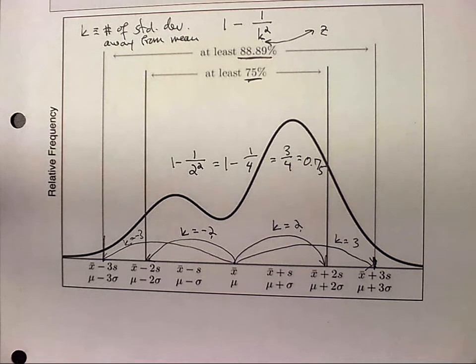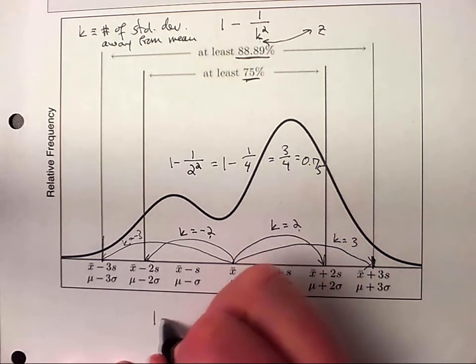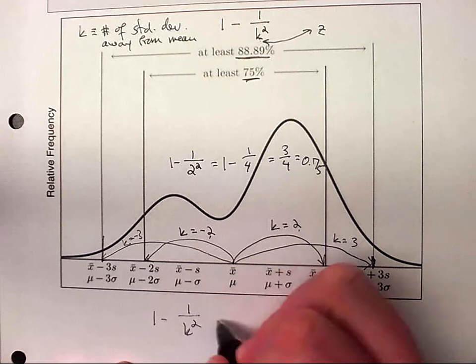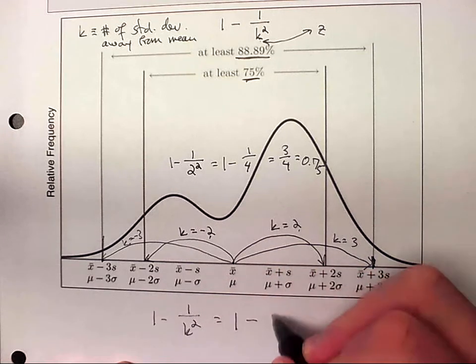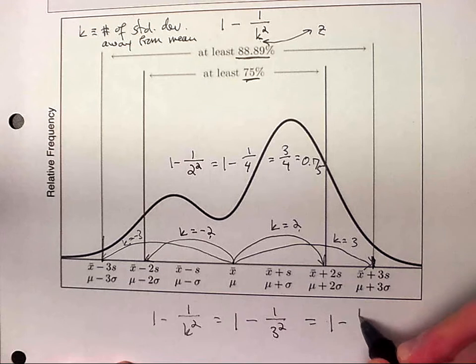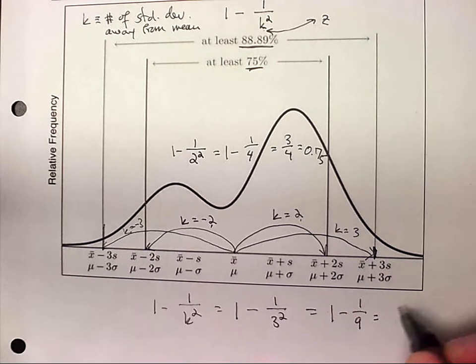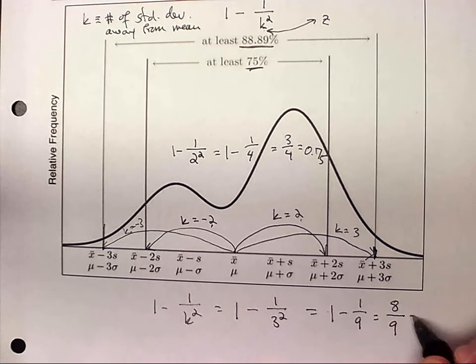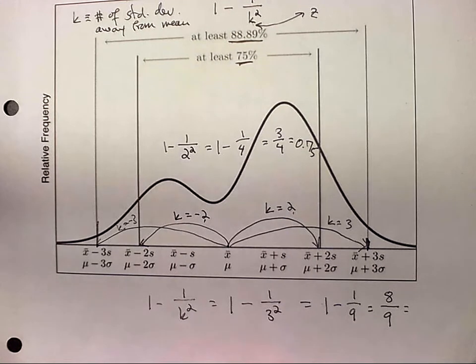So now what we're going to do is plug in 3 or negative 3 into 1 minus 1 over k squared. So that's going to become 1 minus 1 over 3 squared, which is equal to 1 minus 1/9, or 8/9. And if you do the arithmetic on 8 divided by 9, you end up with 0.88888888 repeating.